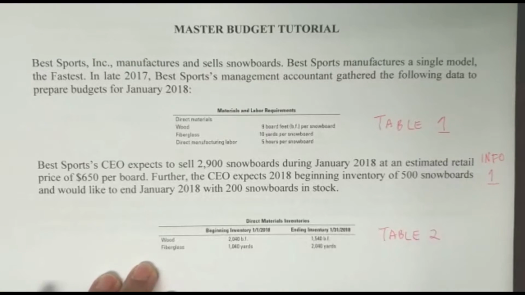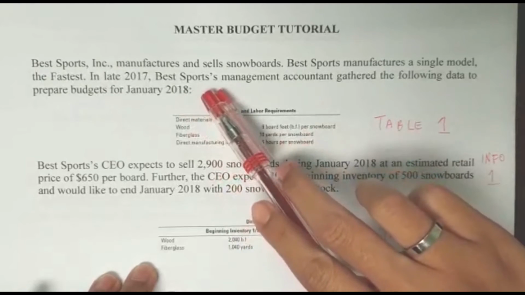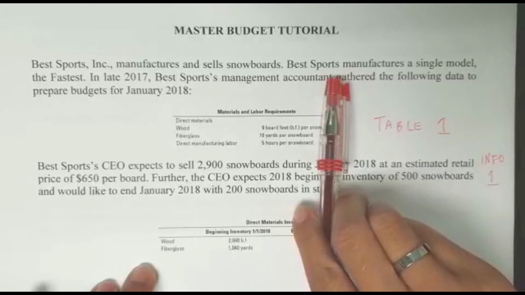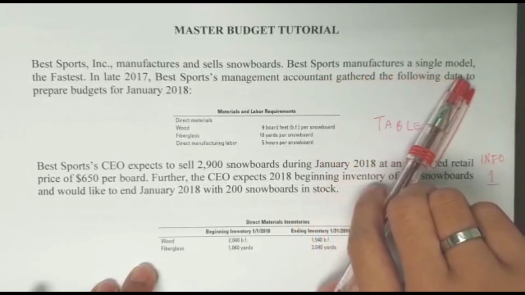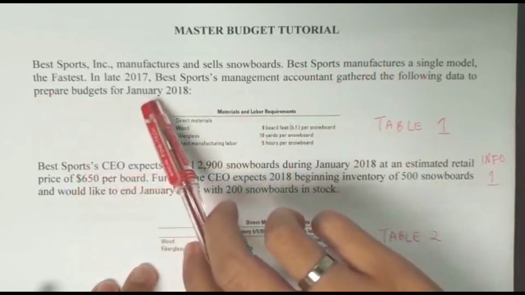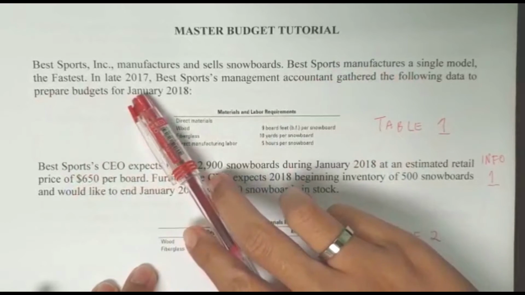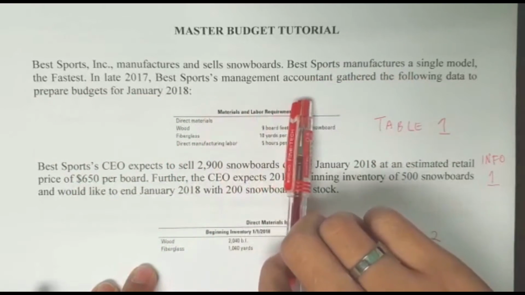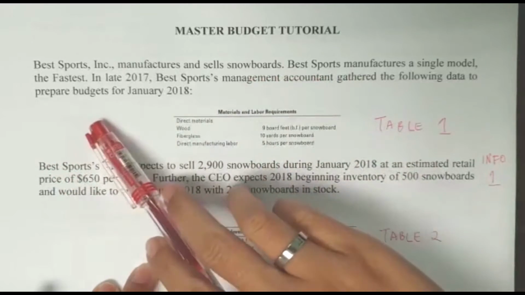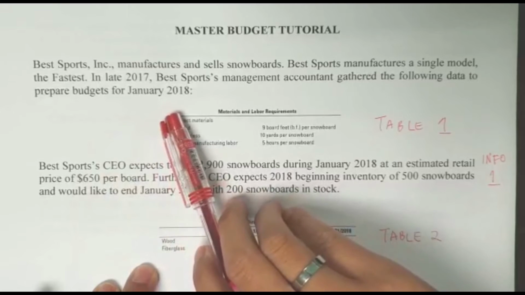Best Sports Incorporation manufactures and sells snowboards. Okay, Best Sports manufactures a single model which they name the fastest. In late 2017, Best Sports Management Accounting gathered the following data to prepare budgets for January 2018.